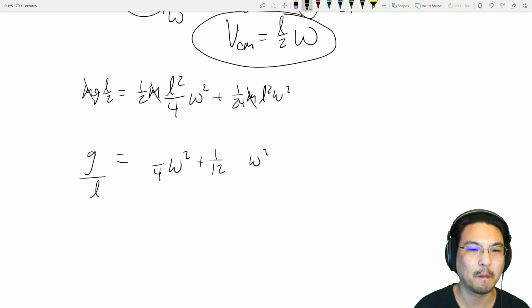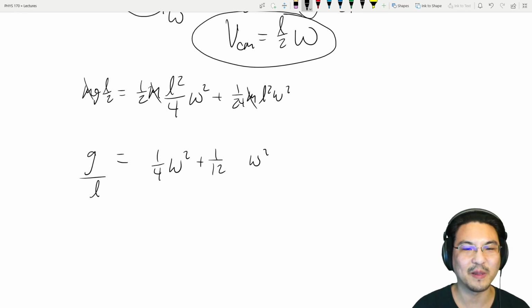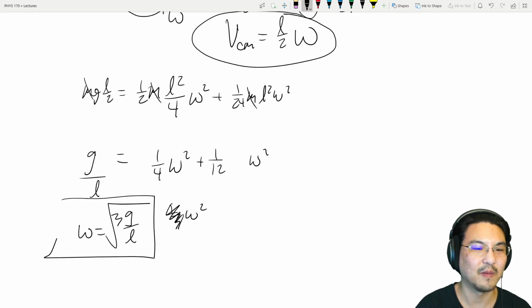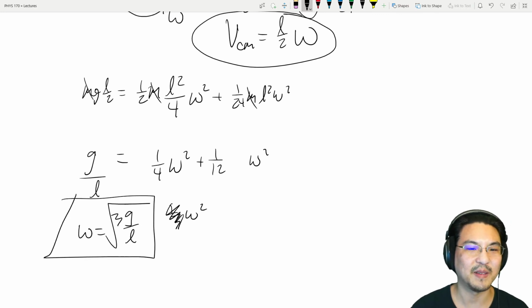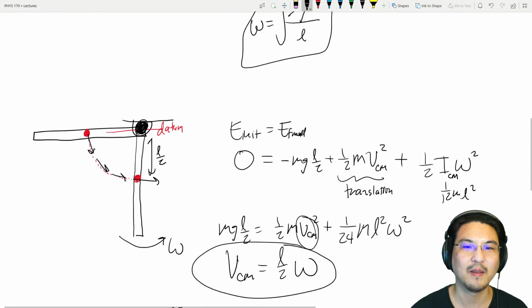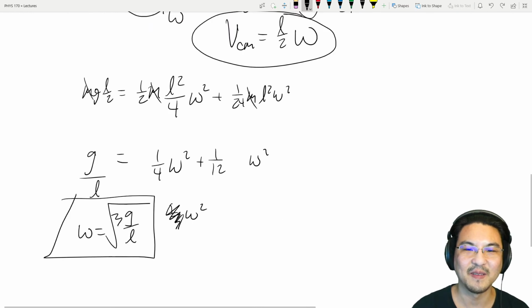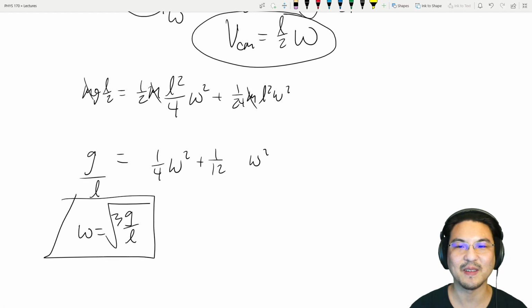And 1/4 plus 1/12 is 1/3, which we can move on this side. So omega squared is like that. Let's compare that to what we got earlier. Same, right? Okay, so two different ways to think about that kinetic energy.